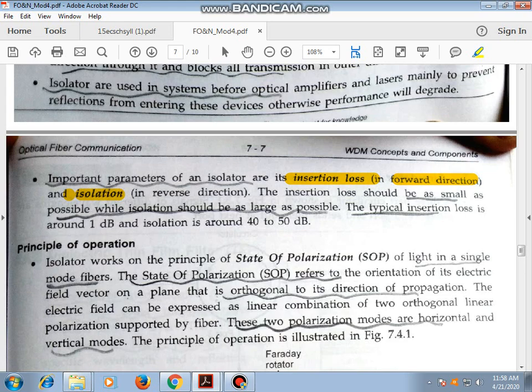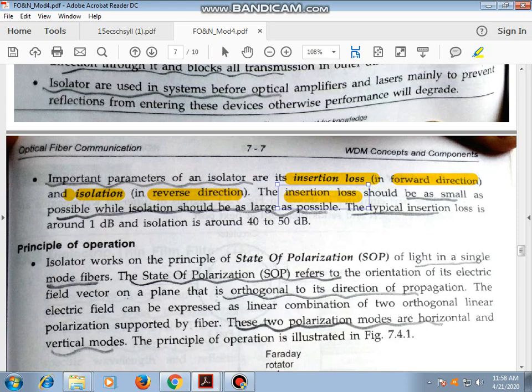Let us consider that a laser signal is moving from the transmitter end to the receiver end, and it reflects and comes back as an echo signal. When it comes as a reflected signal, this signal should be blocked completely. So during the reverse direction, the isolation resistance should be maximum.